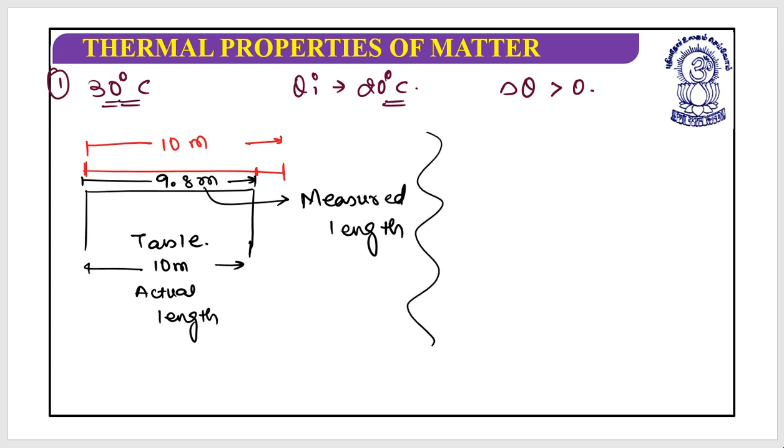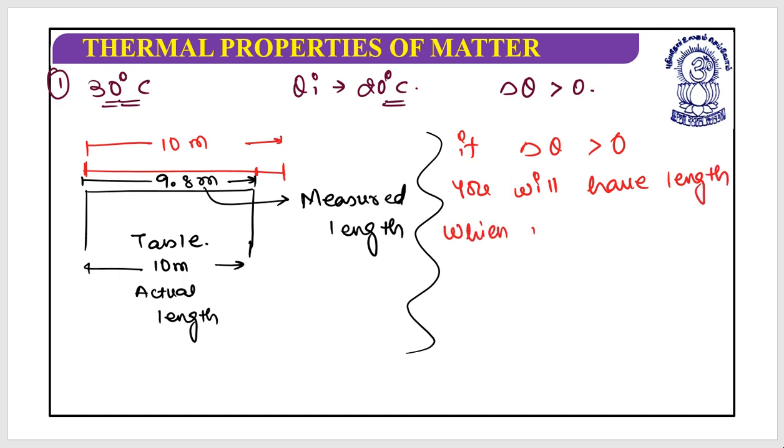So it means if delta theta is greater than 0, you will have a length which is shorter than the actual length.